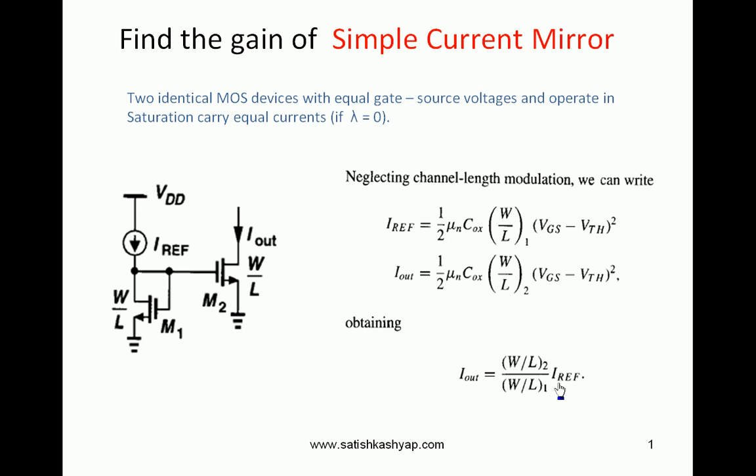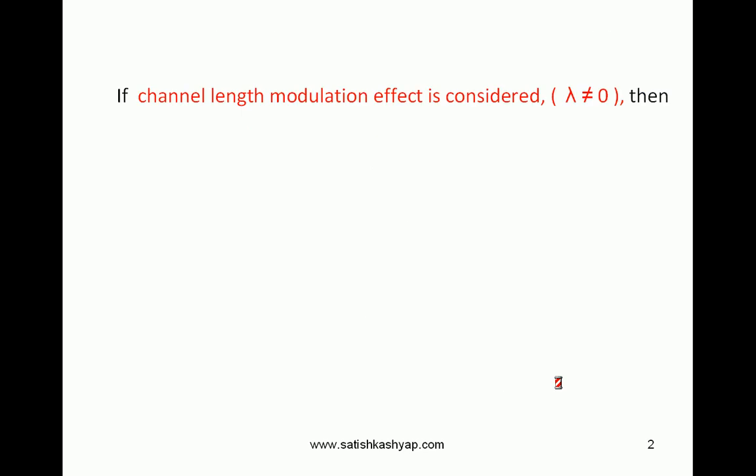So this equation is valid only when channel length modulation is neglected. If you consider channel length modulation, how do we write the equations? If the channel length modulation parameter lambda is not equal to 0, we are now considering the effect of channel length modulation.